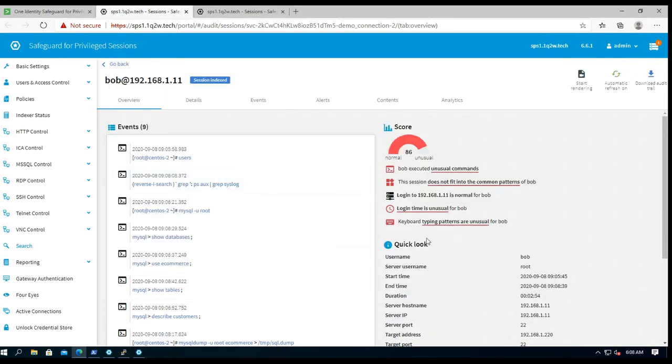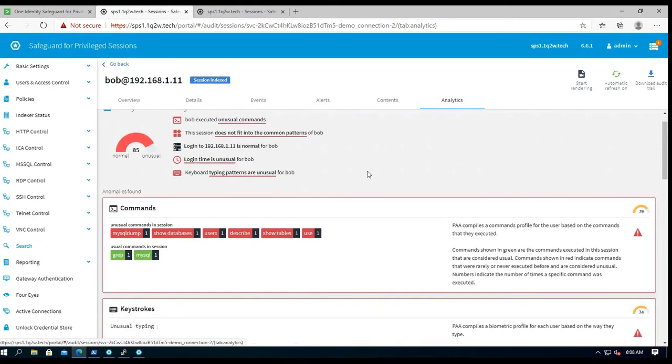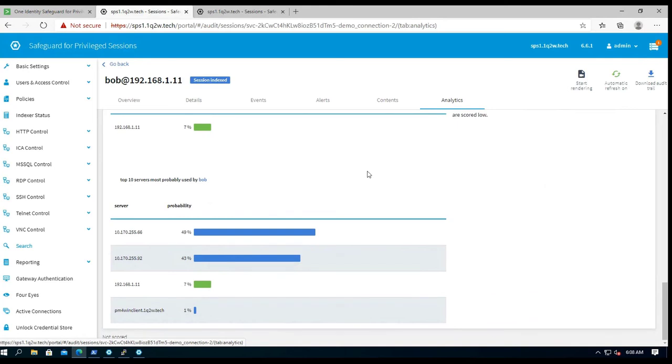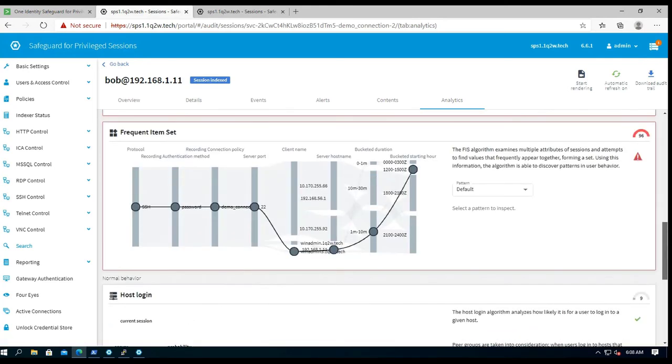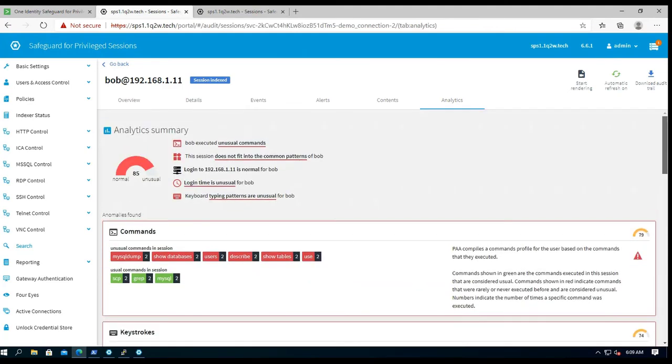If the security team looks into the details, you see the individual scores of the algorithms that together create the overall score and help to better understand what was unusual, what caused this really high score.